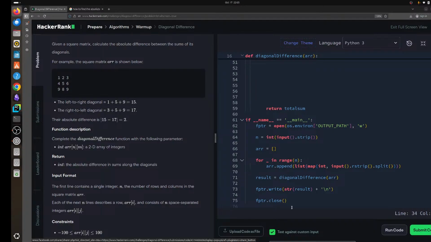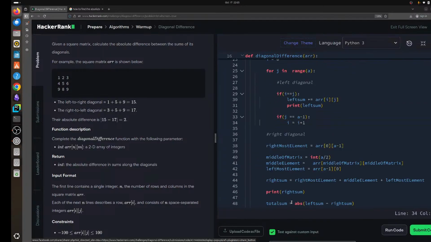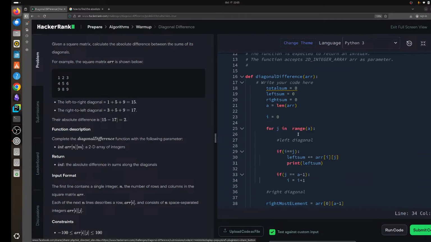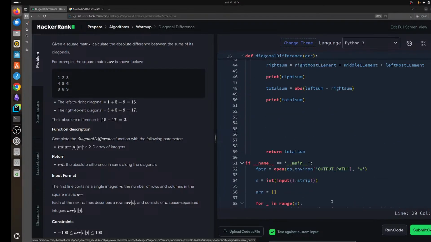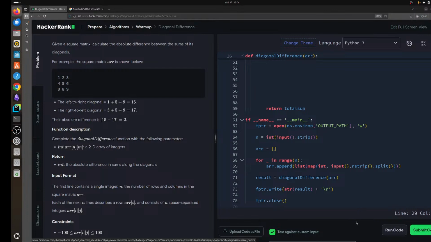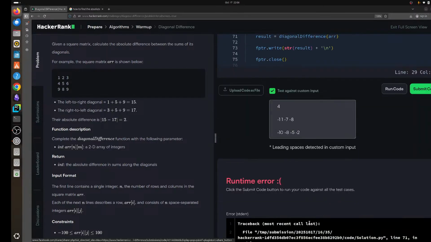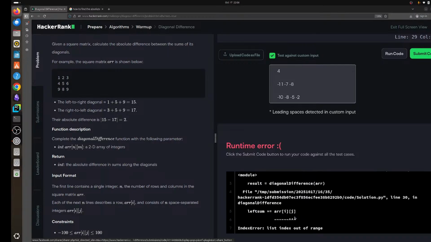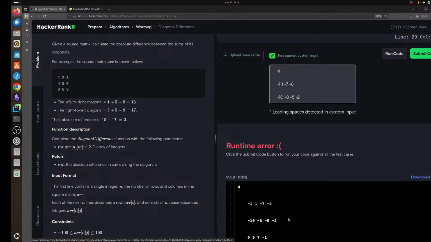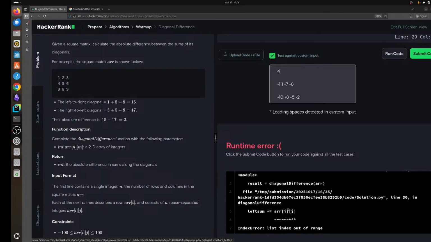How come index out of range? Left sum plus equals to, i will be 0.